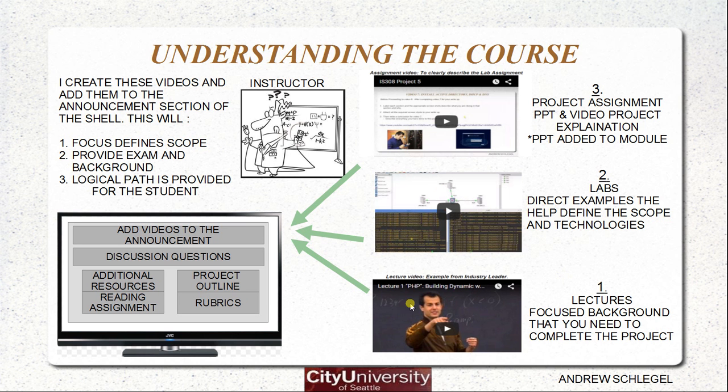You may get 5 lectures and 2 labs, or 2 lectures and no labs. Whatever I think you need to get to the solution to the project that I designed, because I know what you need and I know what I'm going to be looking for when I'm grading. It's coming right out of the rubrics. And the issue here is scope. How much am I expecting you to do in a particular topic?